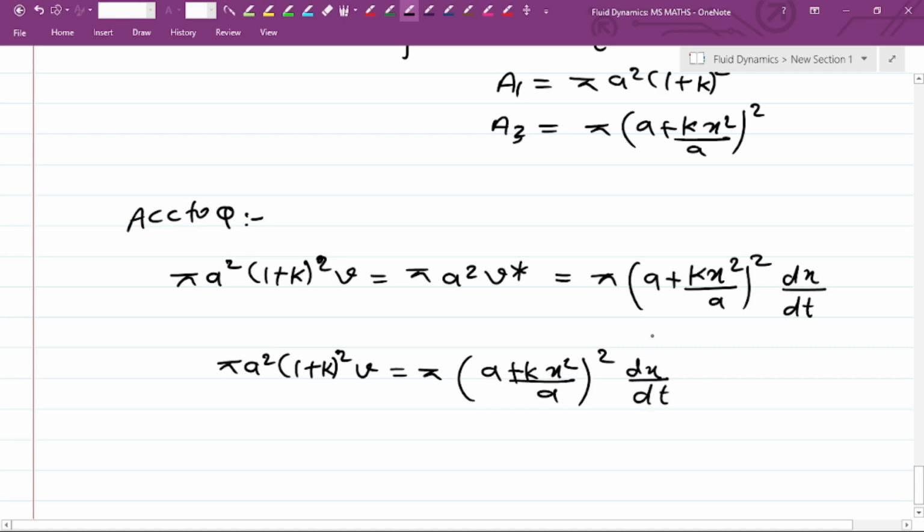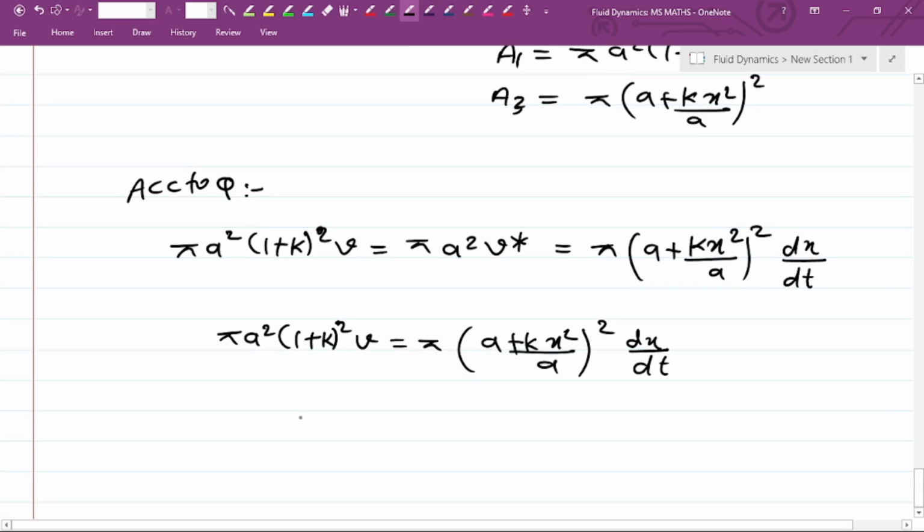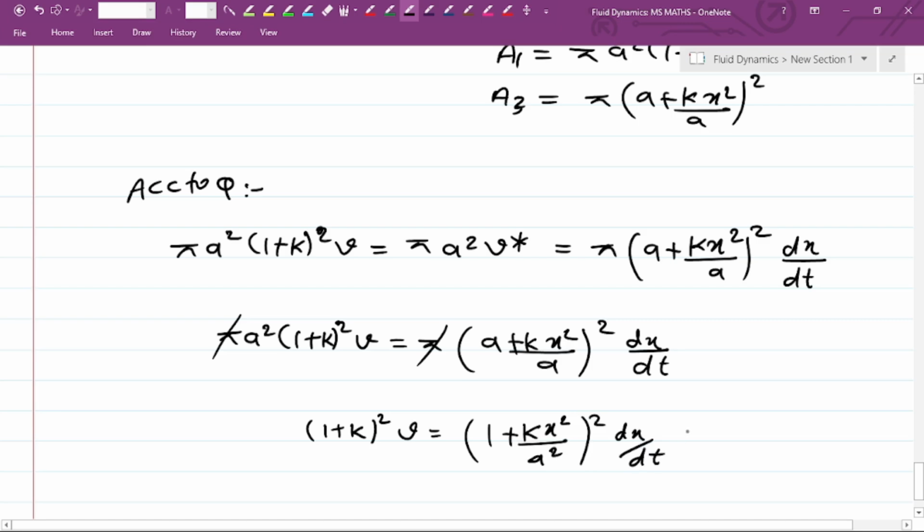Pi gets cancelled, and taking a common, I get 1 plus k x square upon a square, whole square, into dx by dt. So this is the final expression.